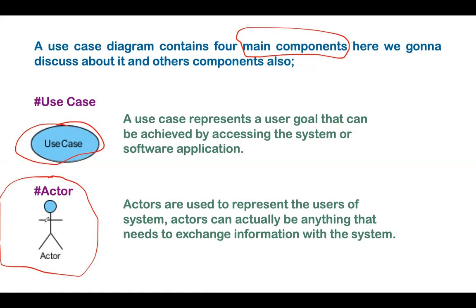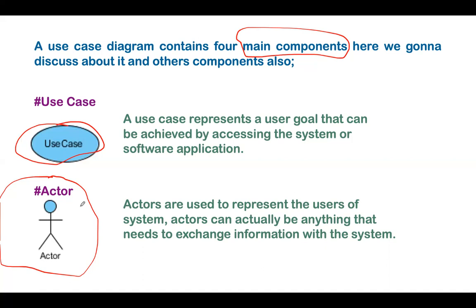These are actors. And when we talk about actors, actors can be someone or something that uses the application to achieve a goal, because it is this actor that will use the proposed system to achieve something.